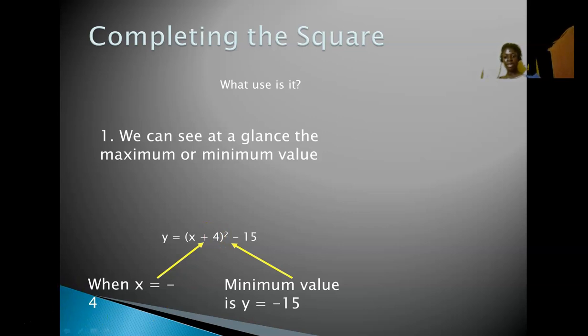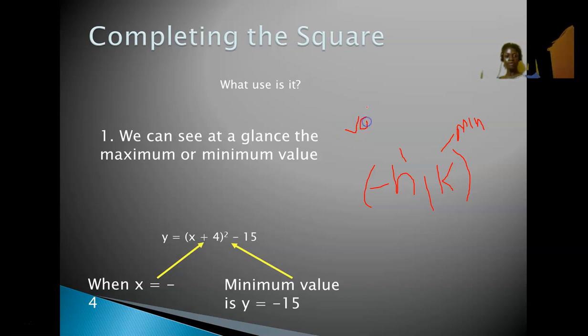Remember, in the previous slide, I said that the coordinate for the turning point is (-h, k). So k is the minimum or maximum value depending on the graph, and negative h is the value of x for which the minimum occurs.